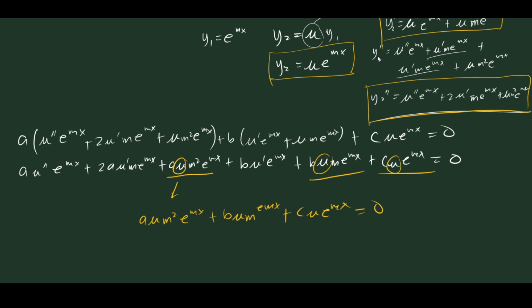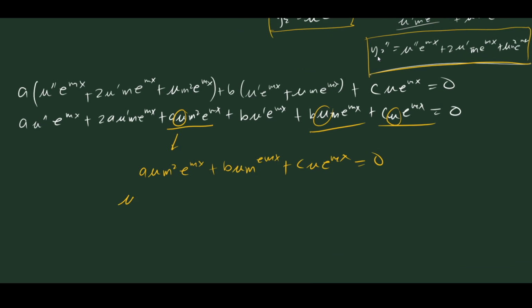Okay, so if we factor out mu, we will get a m squared e raised to mx plus b m e raised to mx plus c e raised to mx. There's no equal to 0 here, we're just simplifying.